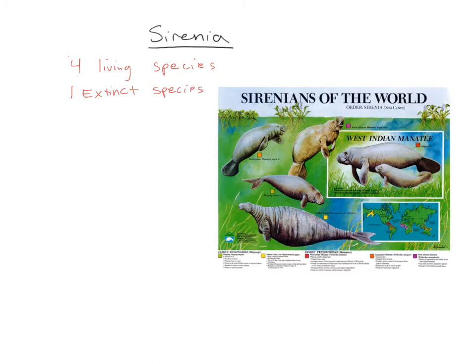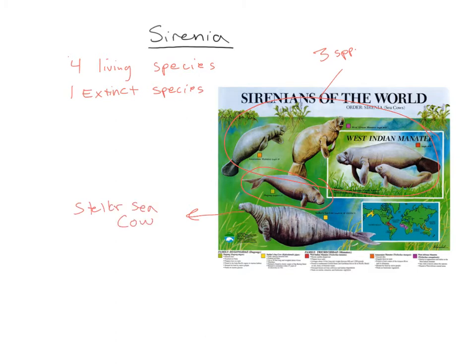And of the 4 living ones, there's 3 species of manatee. There's 1 species called the dugong, which is not related to the others. And then there's this extinct species called the Steller's sea cow.